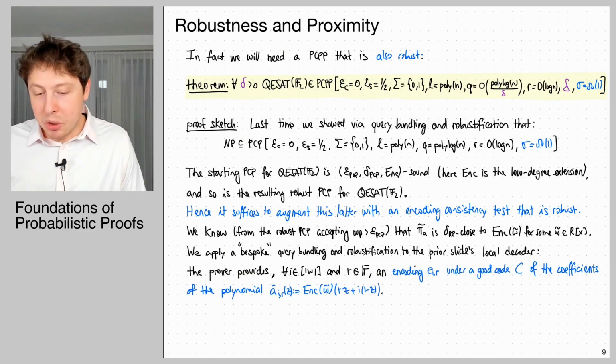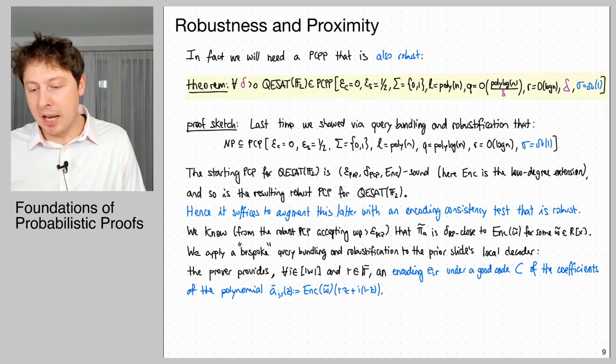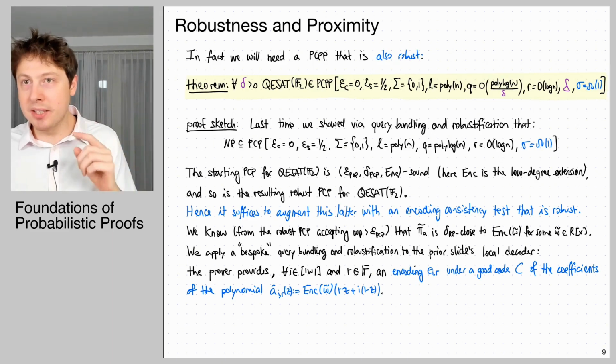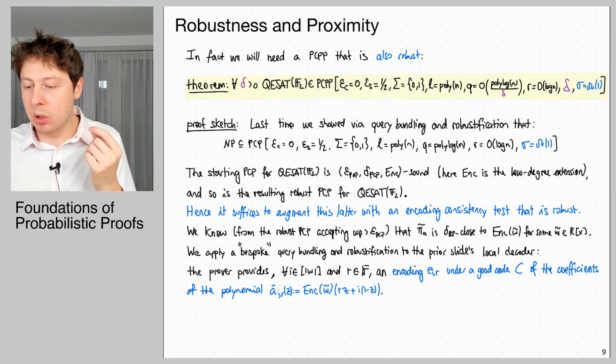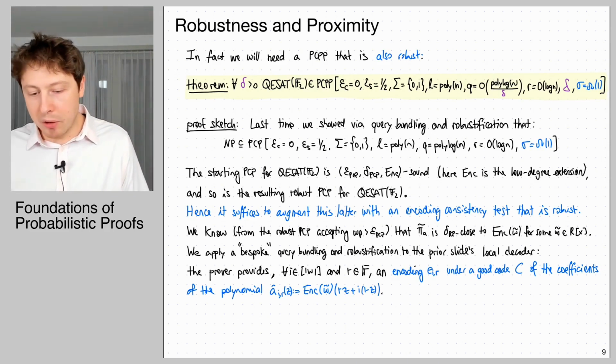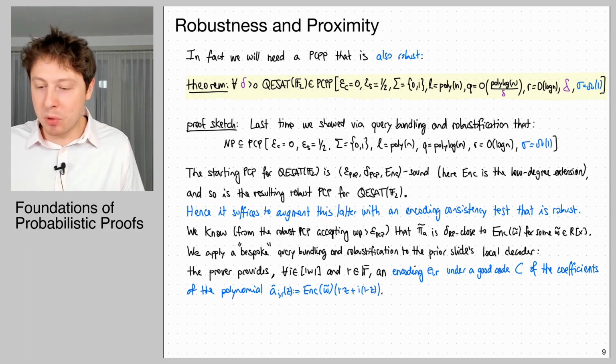Intuitively, the prover is going to provide, for every index I and for every choice of random field element, an encoding. This is a different type of encoding, encoding according to a good code. This is a robustification of the coefficients of a polynomial that encodes a random query about the index.